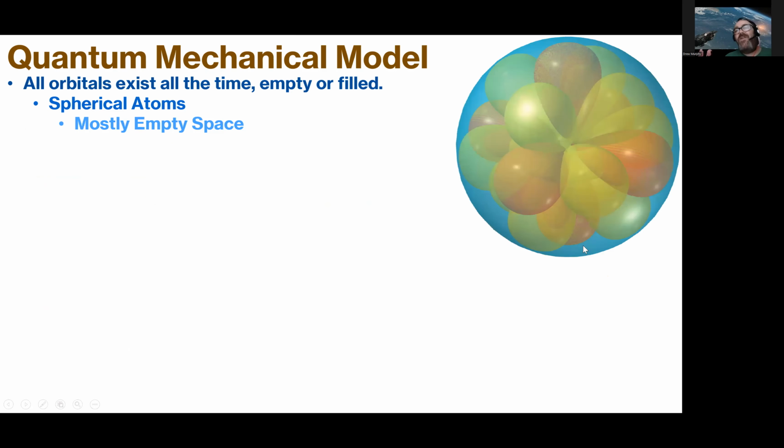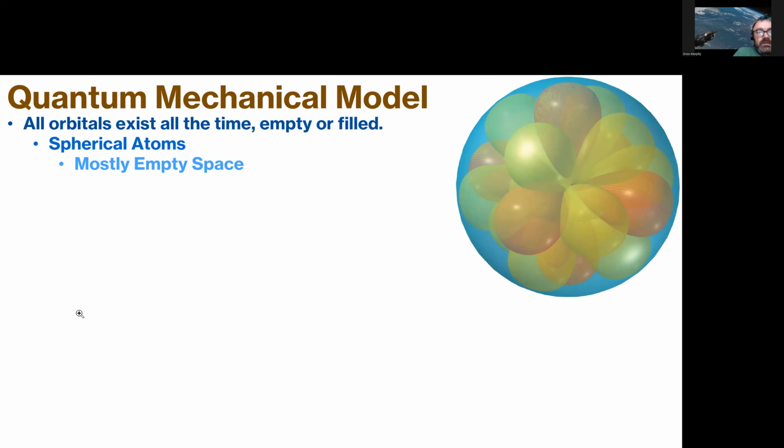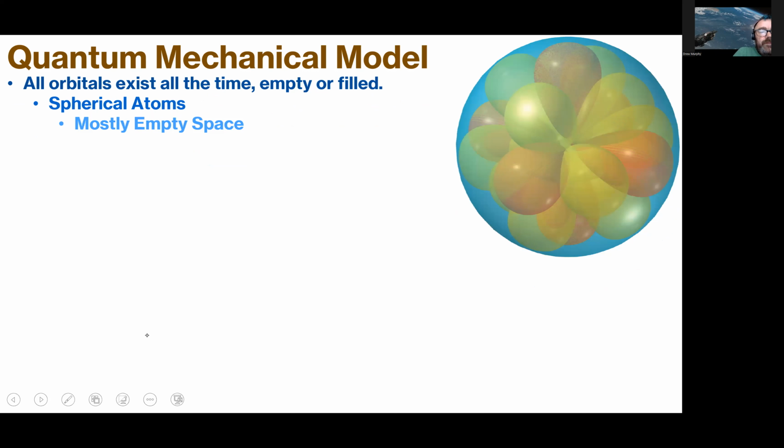So now we can go beyond the Bohr model and we can look at what we call the quantum mechanical model. In the quantum mechanical model, the biggest thing to remember is we tend to forget that if the orbital doesn't have any electrons in it, it's kind of not important to us.